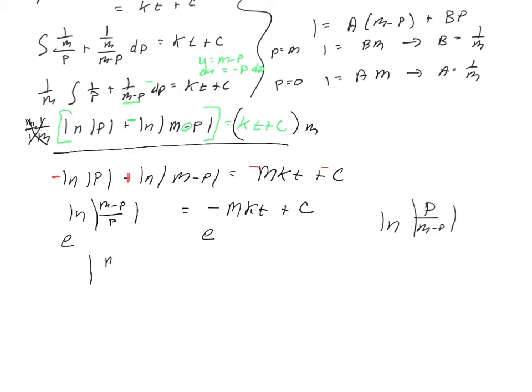So I've got the absolute value of M minus P over P is equal to e raised to the negative MKT plus C. All right, and here's where the advantage comes into play with the monomial in the denominator.